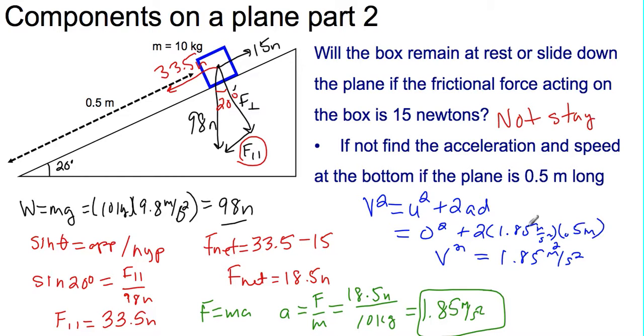We have to keep the meters times meters in there. The square root of that is 1.36 meters per second. So that will be the speed at the bottom of the incline when it reaches this point down here. This concludes the next video in our components of the force on a plane.